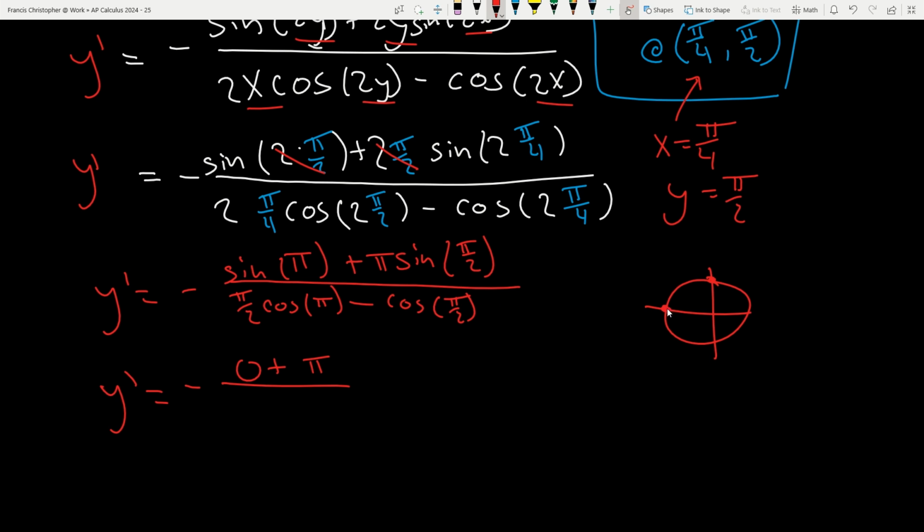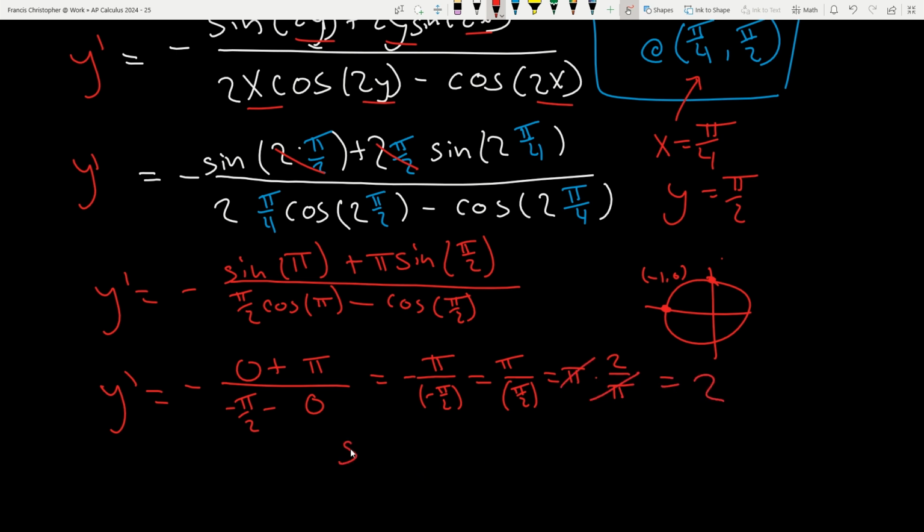Cosine of pi is here, so that's negative 1 comma 0, which means this is negative pi over 2 minus cosine of pi halves, the x coordinate is 0 at pi halves, so 0. This is negative pi over 2. And deleting the negatives, because negative 1 over negative 1 is just 1, we have pi divided by pi halves. And I'm going to write this as pi times the reciprocal of this, so 2 over pi. The pi's cancel out, and we get 2.